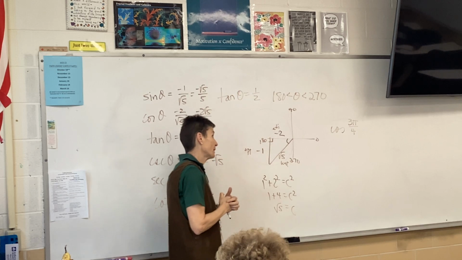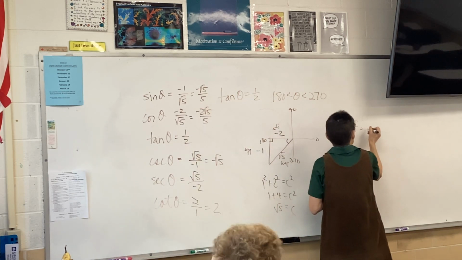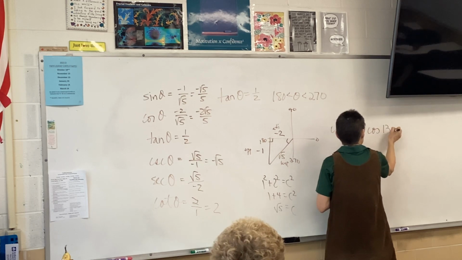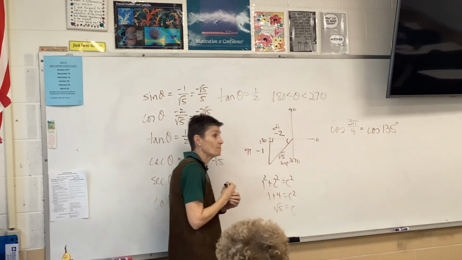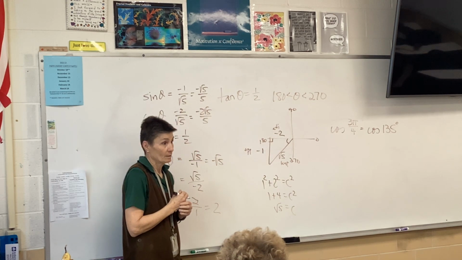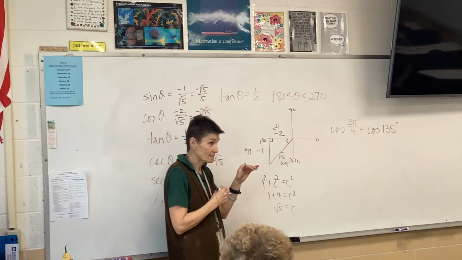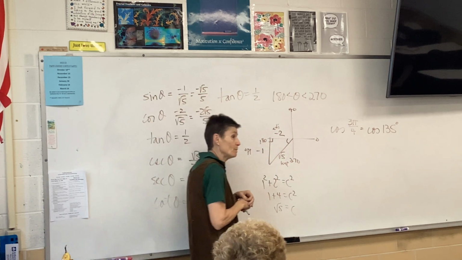So we have 3 180s divided by 4. That's gonna be 135. I've done a lot of them, so I just know that's 135. That's what it's gonna come out to be when you put 180 in for pi. All right, is everybody okay with that process? You know you're supposed to put 180 in for pi. Okay. Now, what do we do next?